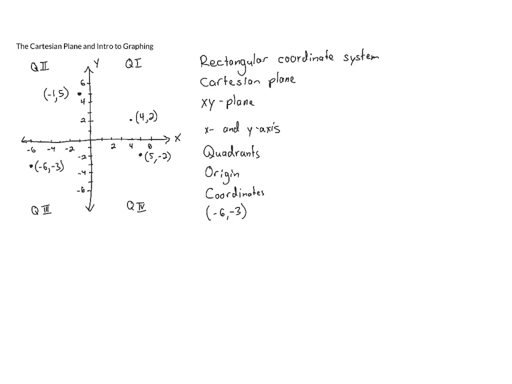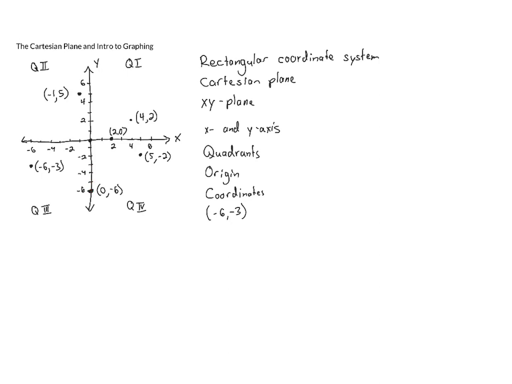There are other points. We've done one in each quadrant. There are points that aren't in any quadrants. For example, the point 2, 0 is on the x-axis. The point 0, -6 is on the y-axis. That's to the left or right 0. We don't move horizontally. And then -6 means we go down 6.